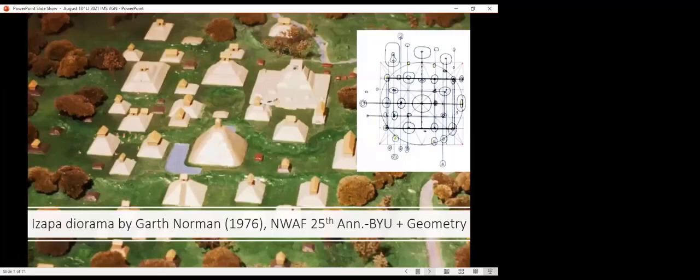The Izapa diorama I constructed in 1976 for the NWF's 25th annual commemoration at Brigham Young University. And the inset is showing the geometry, composition, layout, which we can go into some detail later.